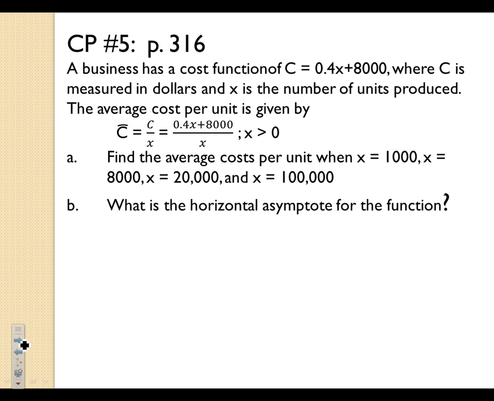So letter A says find the average cost per unit when X is 1,000, X is 8,000, X is 20,000, and X is 100,000. Let's just do a couple of these. I think we'll catch the drift. So let's take a look at X equaling 1,000.